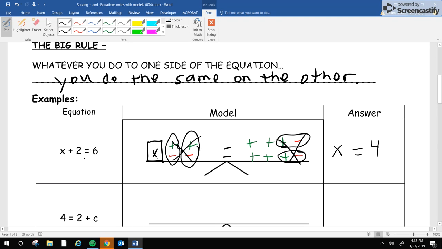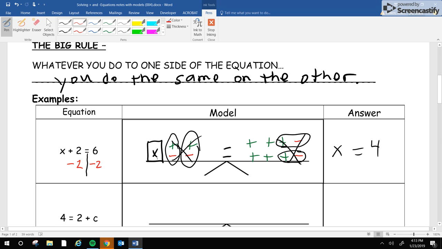Now, we can do the same thing here. So if you look here, my 0, it's going to be like a mirror. So instead of adding 2, I'm going to do the inverse of addition, which is minus 2. And whatever I do on one side of the mirror, I got to do the same thing on the other, so it's identical.